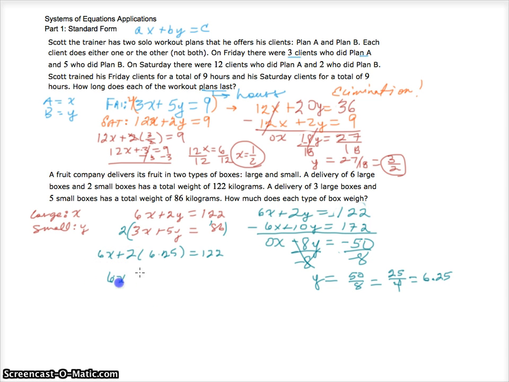6x plus 12.50 equals 122, so 6x equals 122 minus 12.50, which is 109.5.